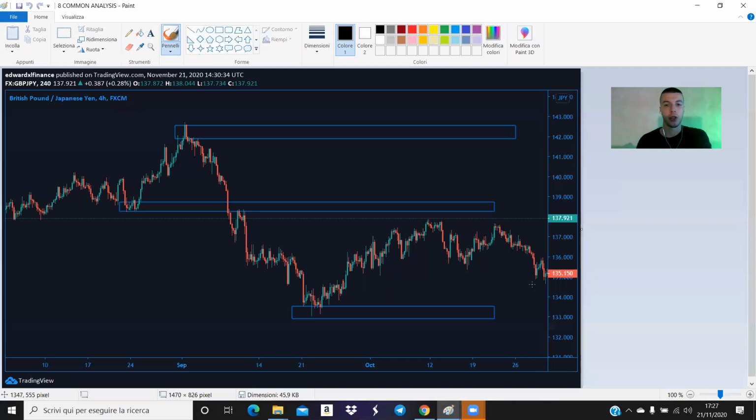All right, so this is a common analysis that you would do if you were trading just support and resistance areas. In this case, you can see that, of course, this is a resistance. This is support, which here became a resistance. And here, again, you have a support.